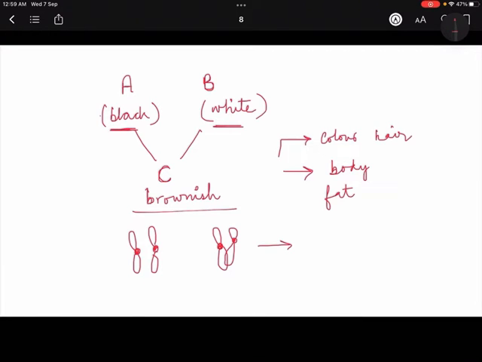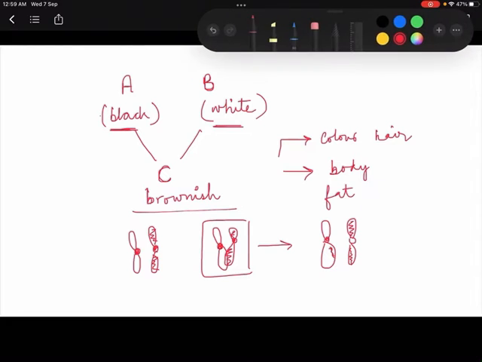So it may turn out to become something like, let's assume this one was like this. Okay, so it may turn out to be like this, and the other one may turn out to be like this, right? So they have like recombined. So this is recombination.